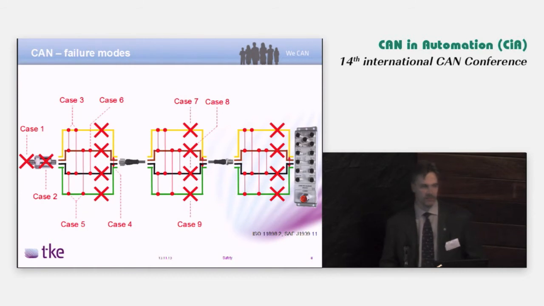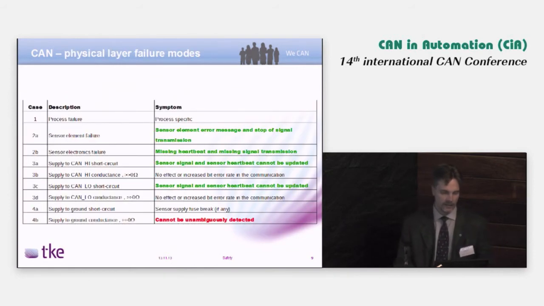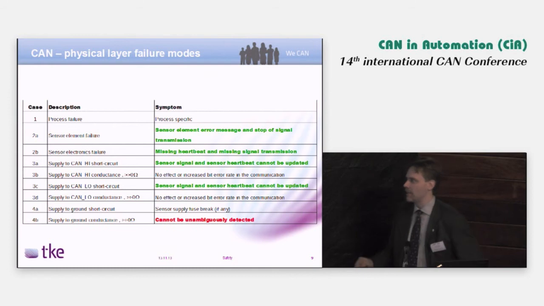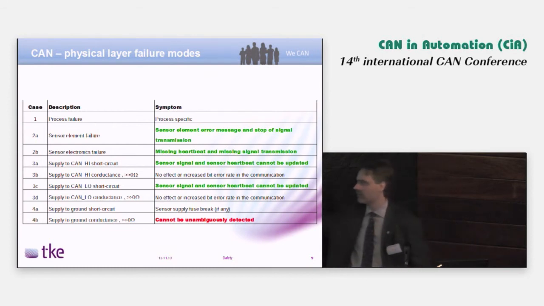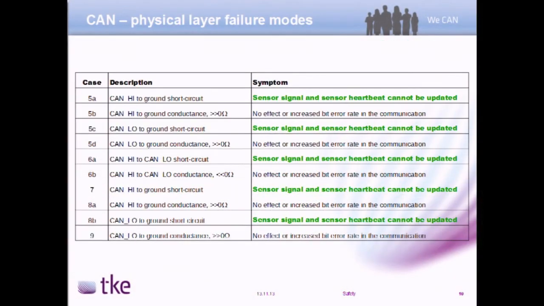And then, a cable does not know whether there is analog or CAN communication in the cable. The failure modes at the physical level are just equal. There can also be, in the CAN lines, short circuits, conductance, or in the other direction there may be short circuits and breakages.